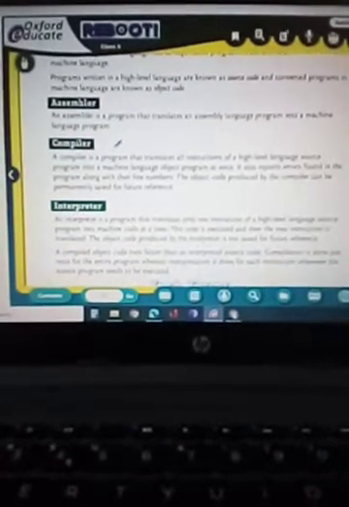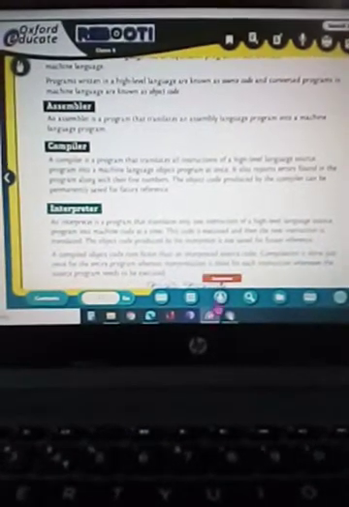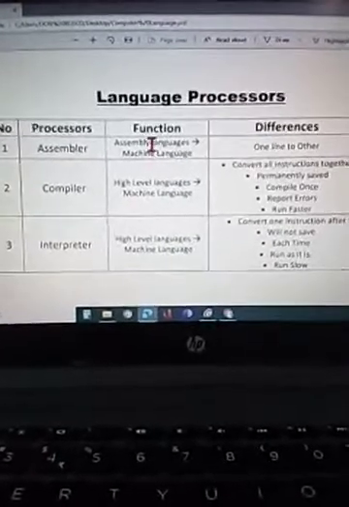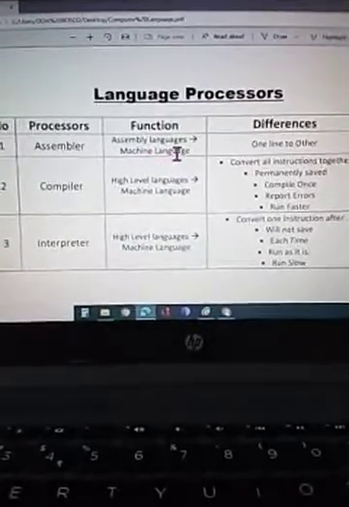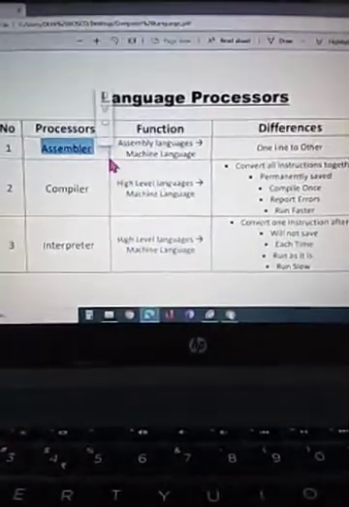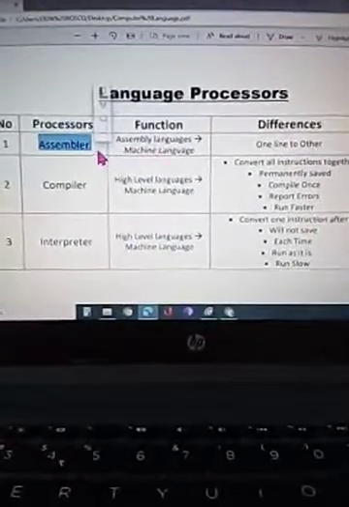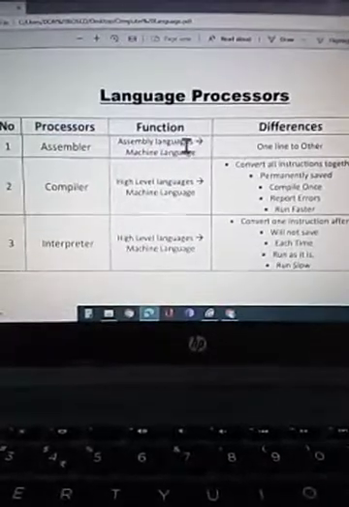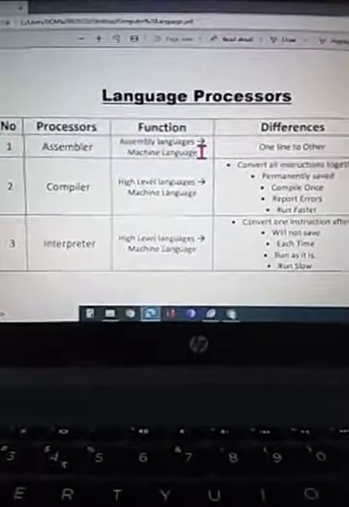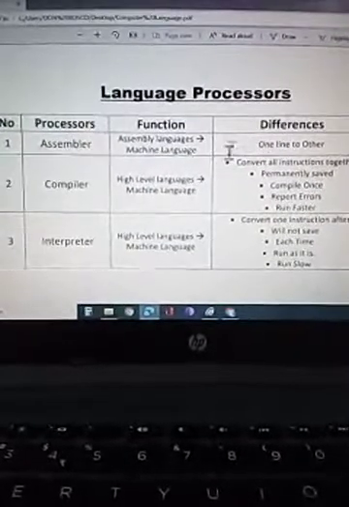We'll come back here in the table. Assembly language to machine language, we use which processor? Assembler. The assembler is used to convert assembly language to machine language, that means assembly language to zeros and ones.